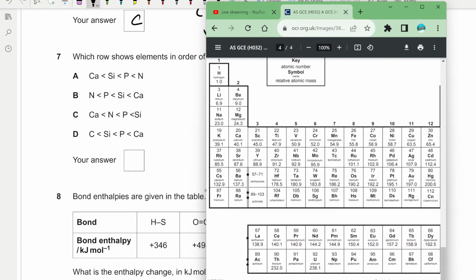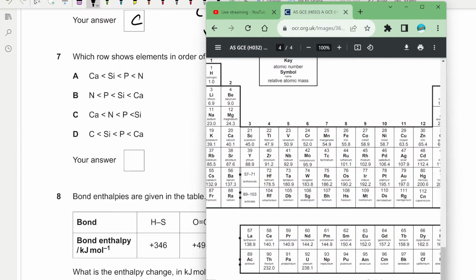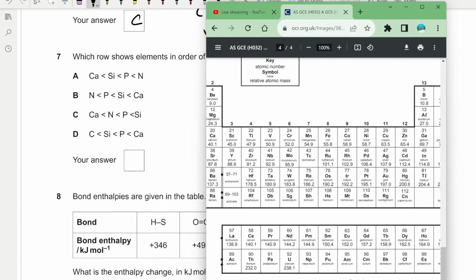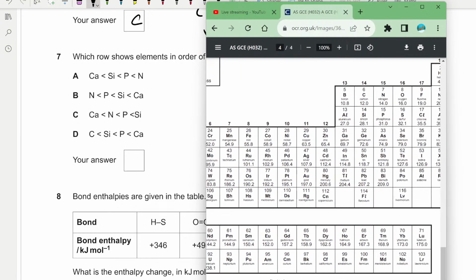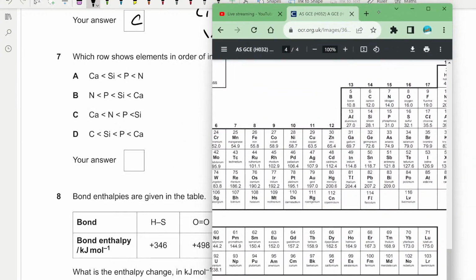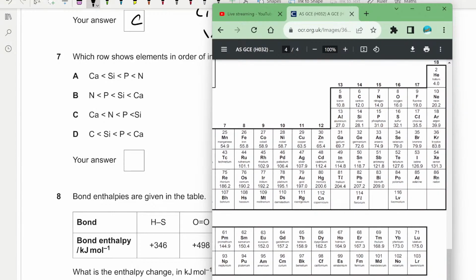So if we just use our periodic table, Ca is lower down the periodic table than Si, so that first part is correct. P is further to right than Si in the periodic table, so that second part is correct. And nitrogen is higher than phosphorus in the periodic table, so that third part is correct. So then we know that it is answer A.